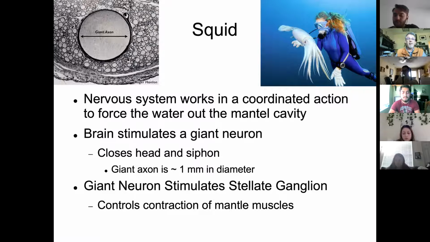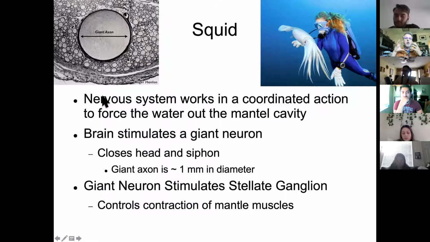And what makes this a giant axon? Well, it's a cell that's about 1 millimeter in diameter, which means you can literally see this axon, which is huge lengthwise, but also ridiculously thick, with your very simple naked eye. Even if you have bad vision, you can still see this sucker. It's enormous. And you can see the axon diameter relative to other tissue within the membrane of the cell.